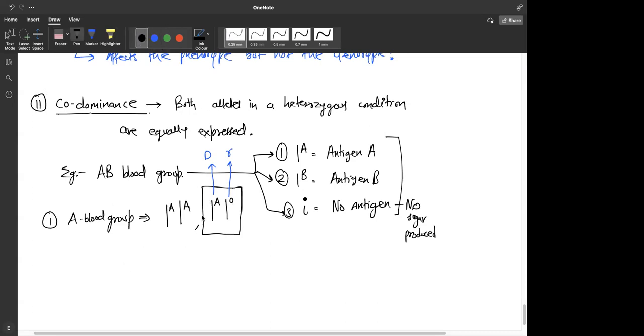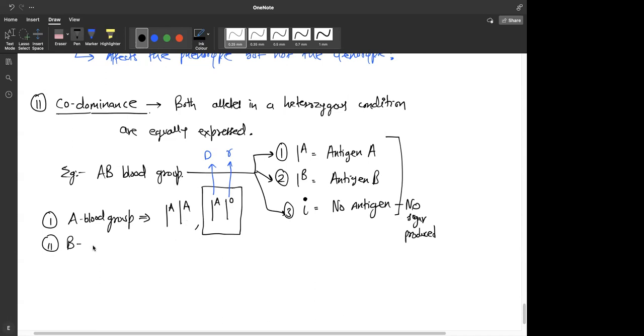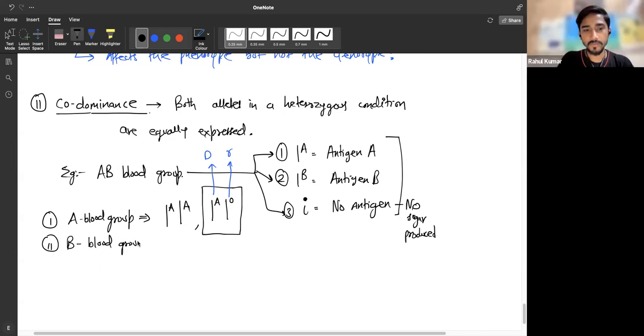For O blood group, it can be only ii. Yes, we're coming to that. So for A blood group, these two possibilities are there. Anyone with B blood group in the group? I'm B positive. So for Fatima, let's say what could be the possibilities? Either she received B from both parents, or she received B from one and the small i allele from the other, giving rise to this genotype.